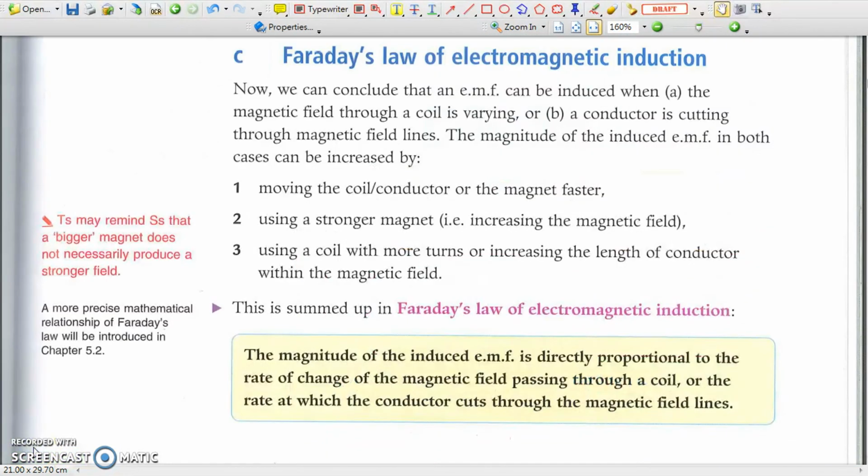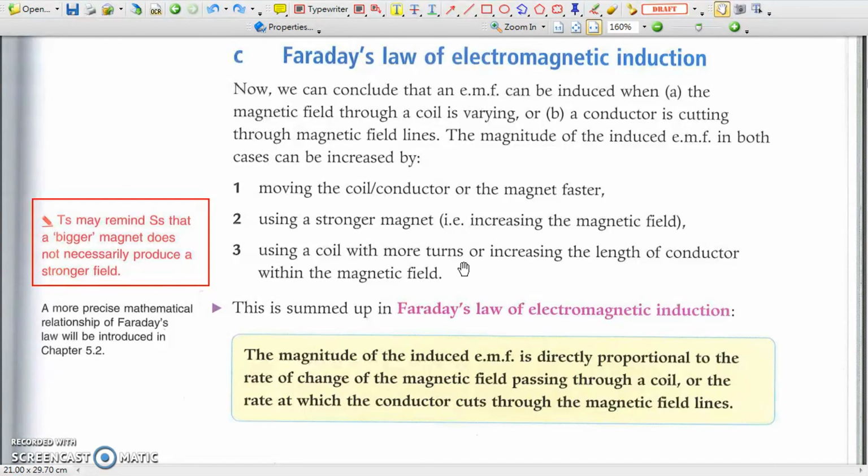C. Faraday's law of electromagnetic induction. Now we know that the induced EMF increases with the relative motion between the conductor and the magnetic field. Also, the strength of the magnet, as well as the number of turns of the coil.